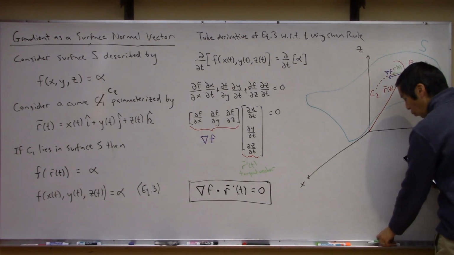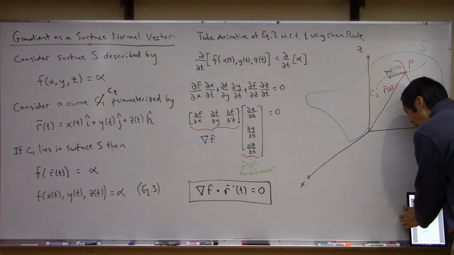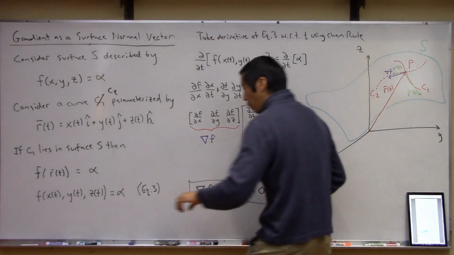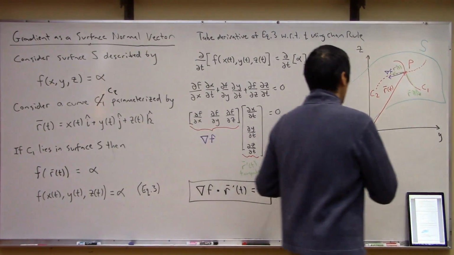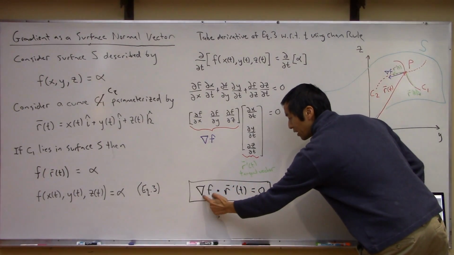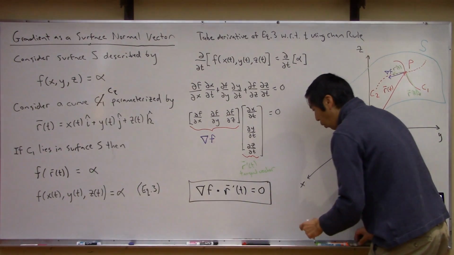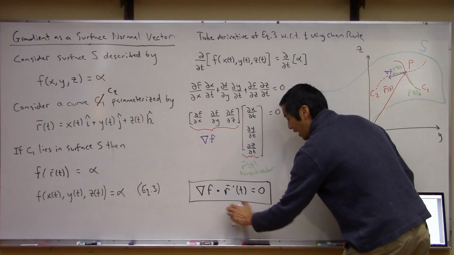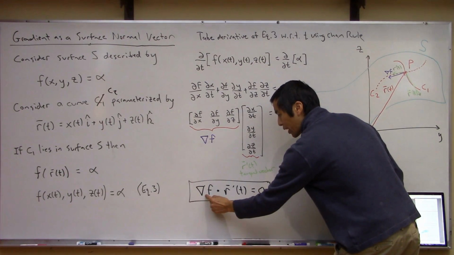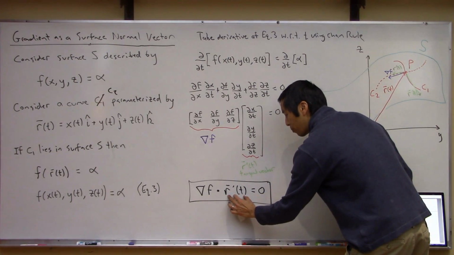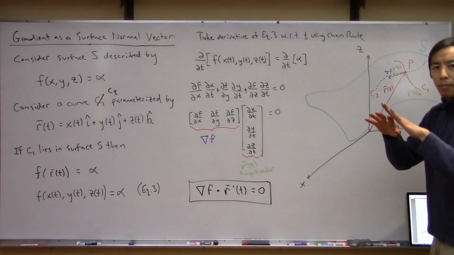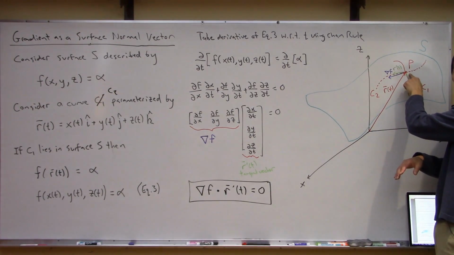This forces us to realize that the gradient of f still has to be perpendicular to the tangent. What this is saying is that gradient of f has to be perpendicular to all possible tangent vectors through this point that lie on the surface.